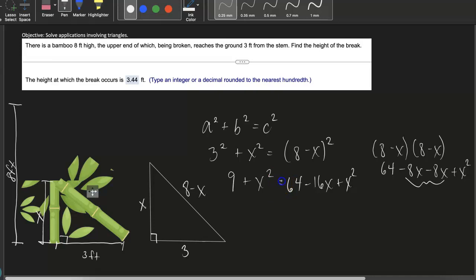At this point, we want to isolate x. I'm actually going to start, though, with the x squared terms by subtracting them from both sides. Notice what happens. Now they're eliminated. I'm left with 9 equals 64 minus 16x. And I'm isolating x. So the first thing we'll do is subtract the 64.